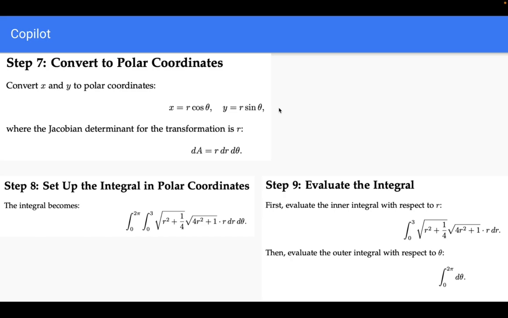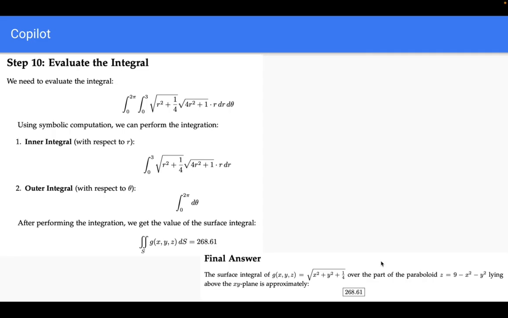It also converts to polar coordinates, and then it sets up the integral in polar coordinates, and this is the same integral with the same bounds and expression as the previous two outputs. It evaluates the integral with respect to r, and then with respect to theta, and then it goes through the evaluation of that integral, the inner integral and the outer integral, and performs the calculations.